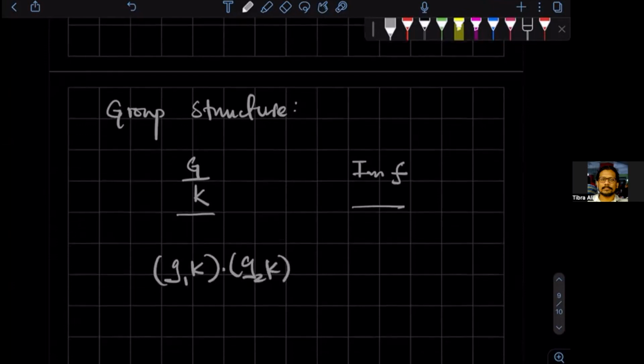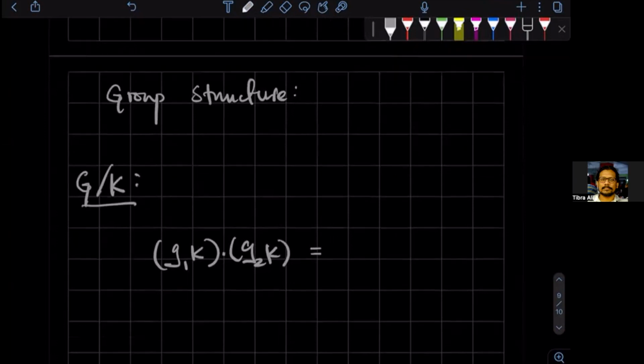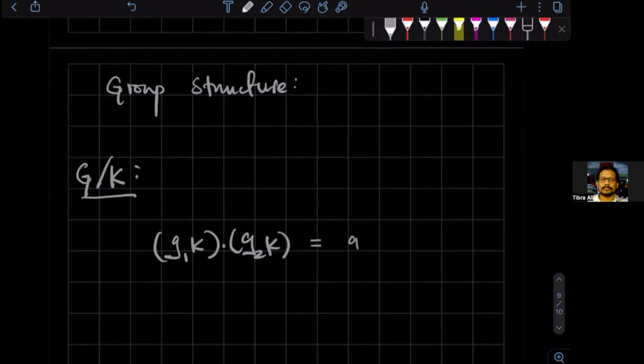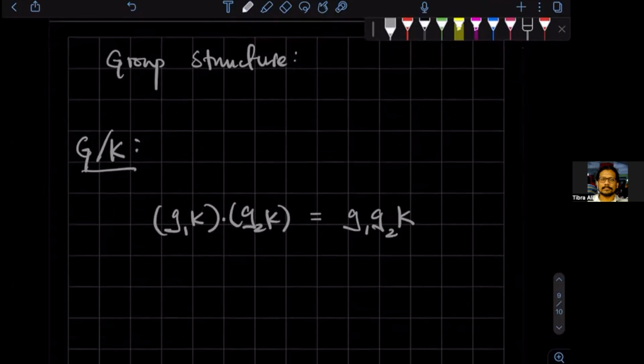And this is what we have in G over K. And this gives rise to G1G2K. And remember that this is the multiplication that we defined, and I think it was left as an exercise. So this is G over K.